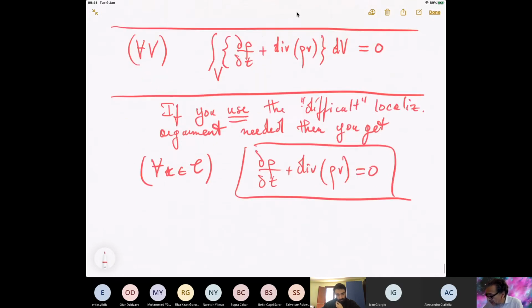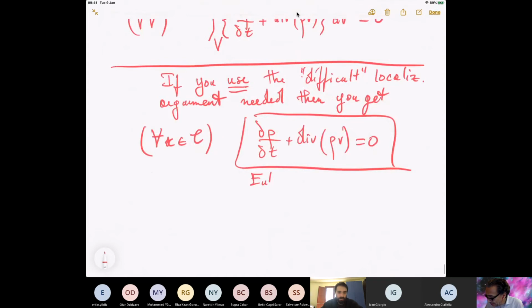And this is the Eulerian version of balance of mass.